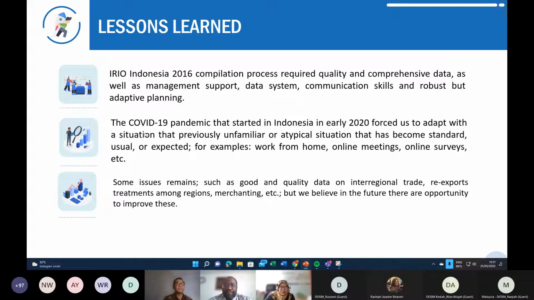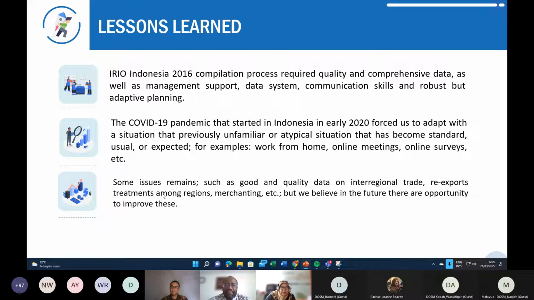During the compilation years, a pandemic started in Indonesia in early 2020 that forced us to adapt, for example working remotely, holding meetings online, and conducting the survey on an online platform.